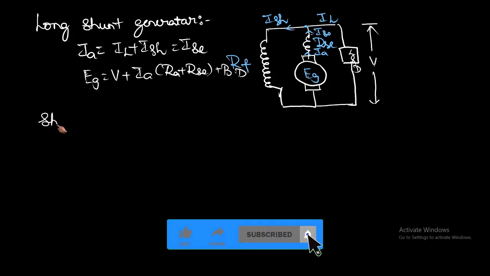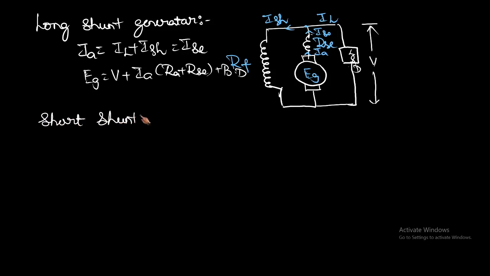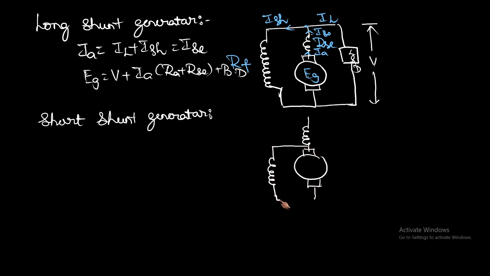What is the meaning of a short shunt generator? In the short shunt generator, the shunt field winding is connected across only the armature.